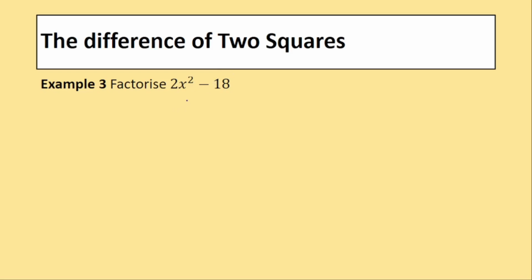So we need to firstly factor out something that is common to both 2x squared and negative 18, and that is a 2. 2x squared divided by 2 will give us x squared. Negative 18 divided by 2 will give us negative 9. When I see a 9, I see a square number.